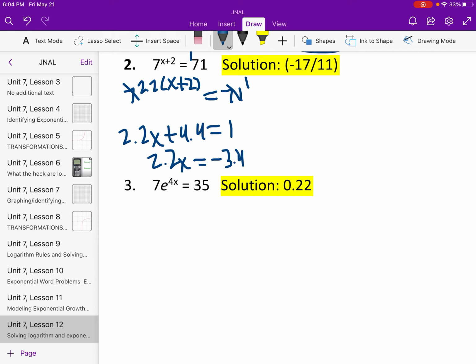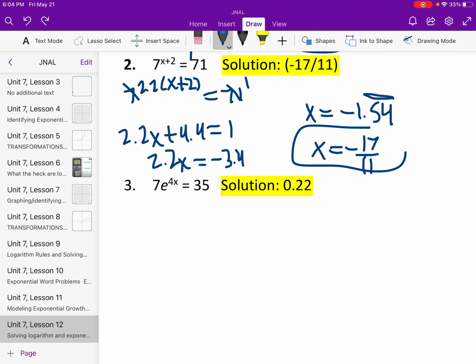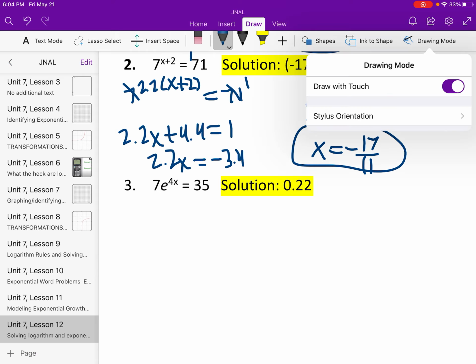And negative 3.4 divided by 2.2 is negative 1.54 repeating, both 5 and 4 repeating. And on my calculator, I'm doing math, fraction, and in fraction form, that is negative 17 over 11, which is the answer. Okay, now we have one more problem.